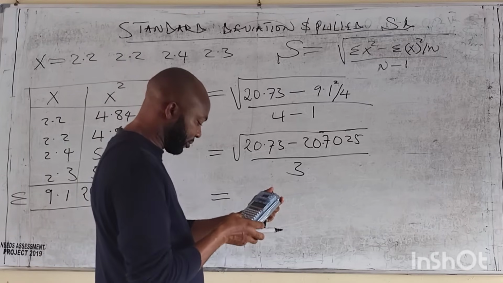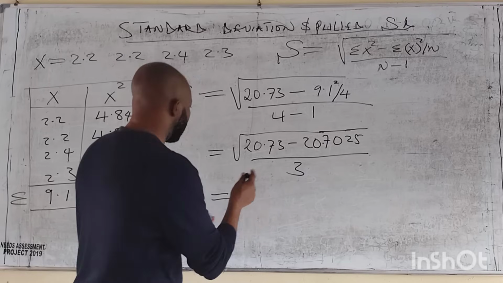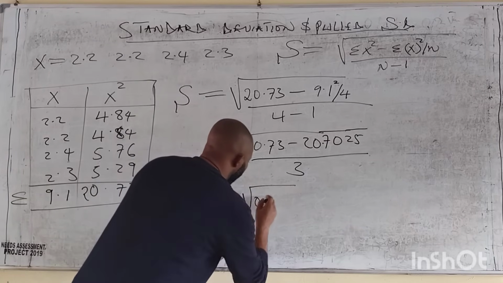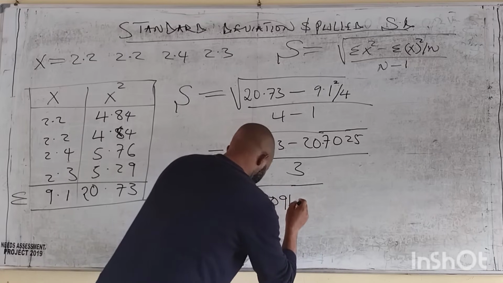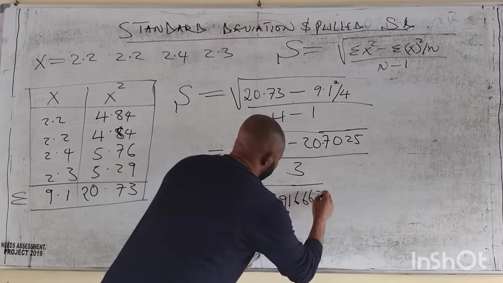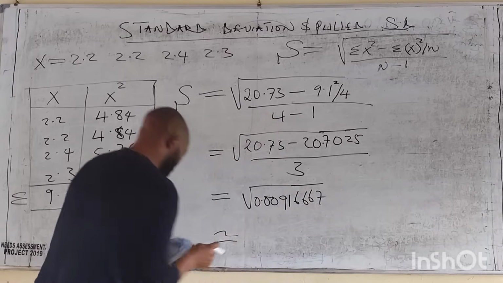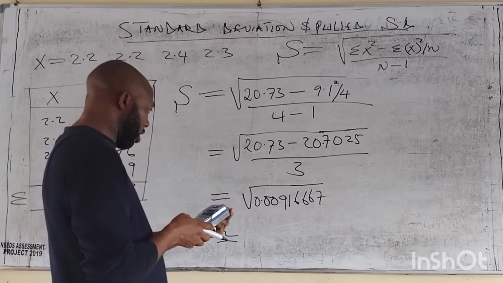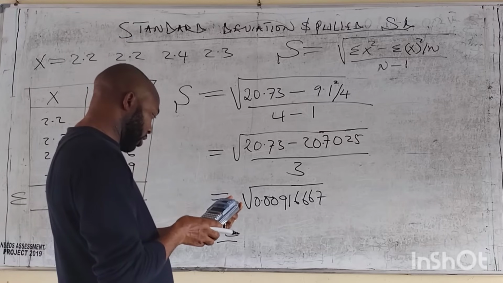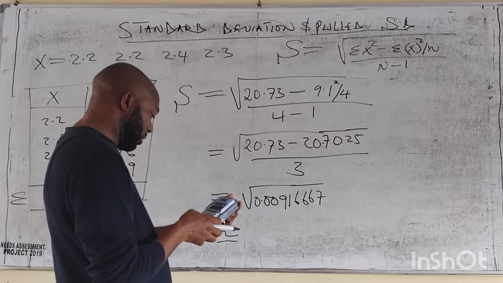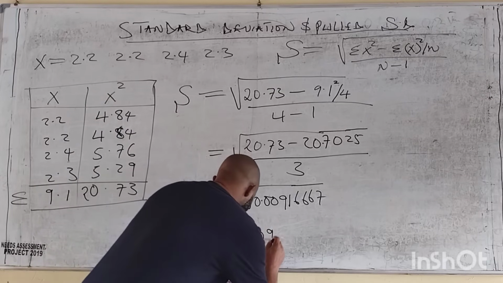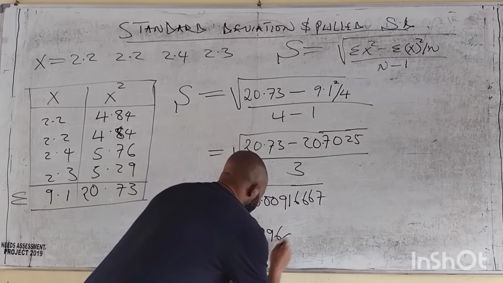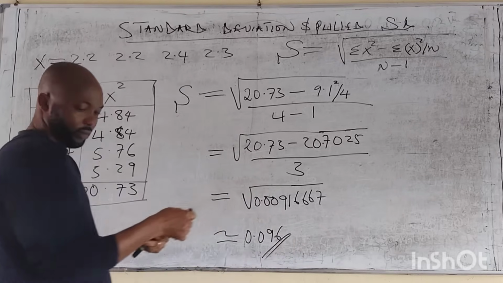Divided by 3 is 0.00916667, which is equal to the root of 0.00916667, equals 0.096 as our standard deviation.